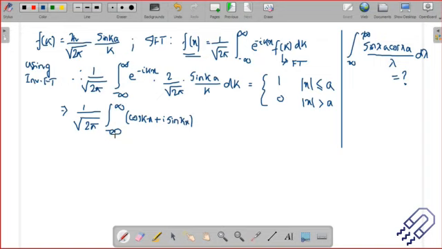Let me simplify. Root 2 pi into root 2 pi would be just 2 pi, and on top we will have a 2 here. This 2 will get cancelled. I'll just have 1 by pi. Simplifying this part, I can write it as sine of ka divided by k dk.